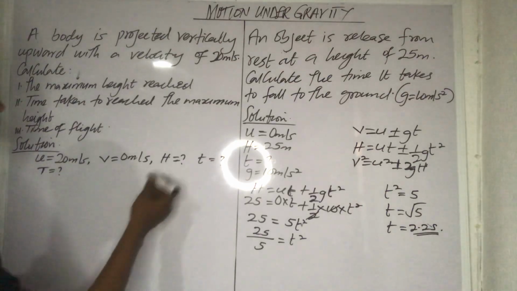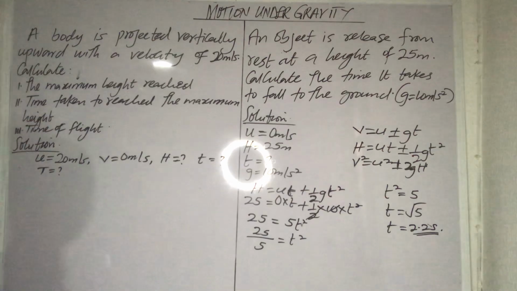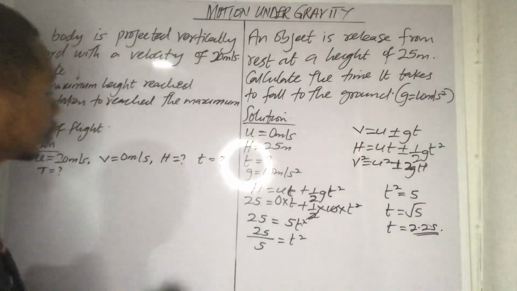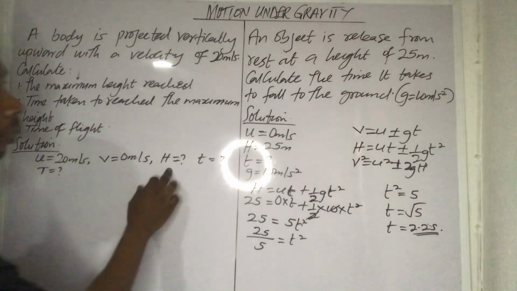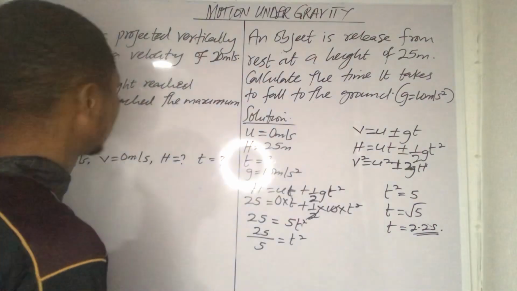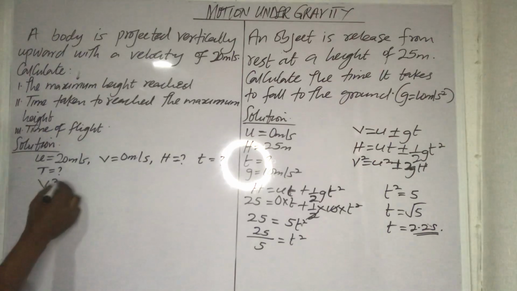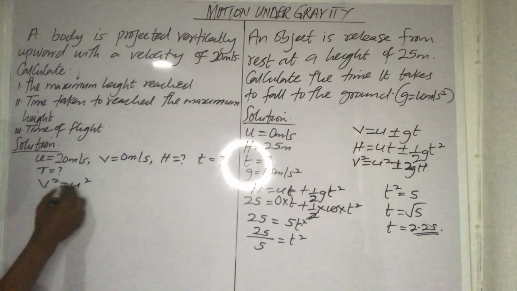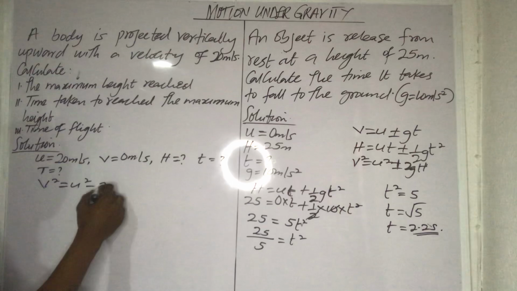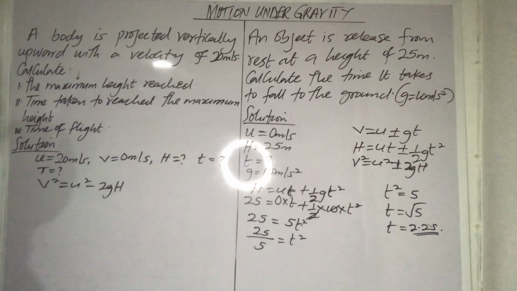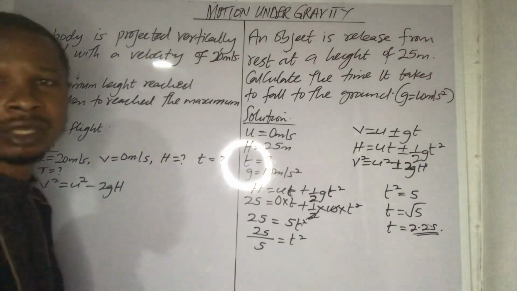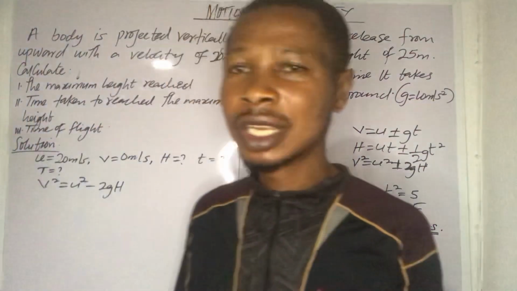Now to get my height, h, which of the equations of motion contains everything I'm given and what I'm looking for simultaneously? That will be equation 3, v squared is equal to u squared minus 2gh. Minus, because the body is moving vertically upward, against gravity.